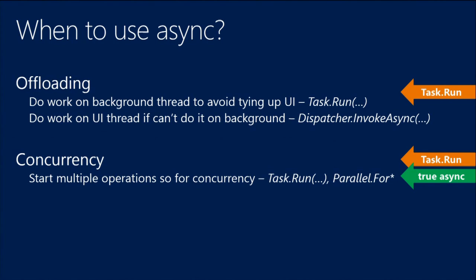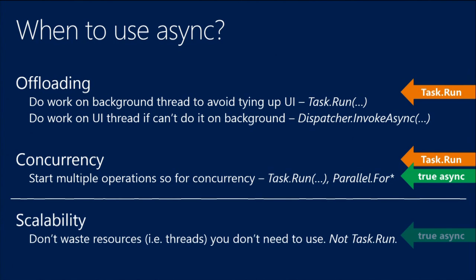If they're implemented by true async, then we can just start them concurrently by launching one task after another, and not awaiting till they're all done. So in this case, task.run and true async are both ways of achieving this goal, but once again, task.run is not something we're going to be using within our library methods, and once again, we'll see why that is.